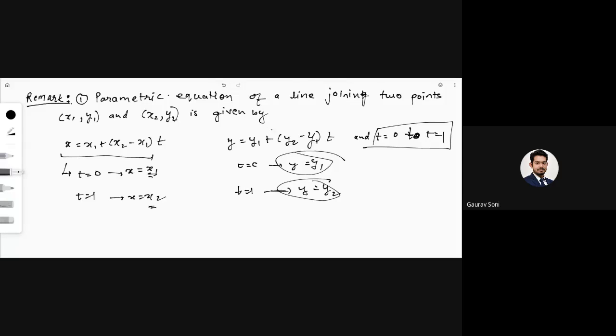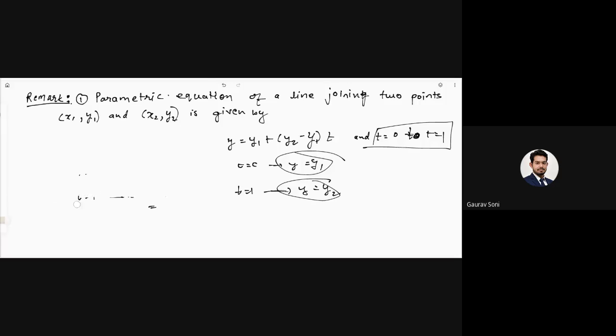Okay. So this is the equation that is to be used. I mean, this is for 2 points with 2 coordinates. The same thing I can do in 3-dimensional space where I will have 3 coordinates.